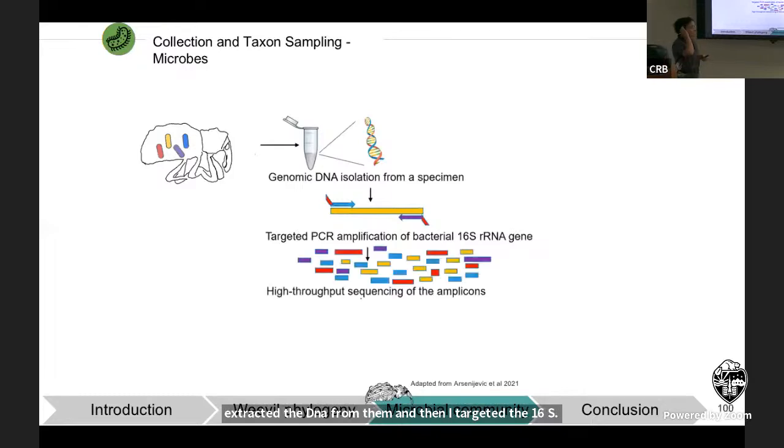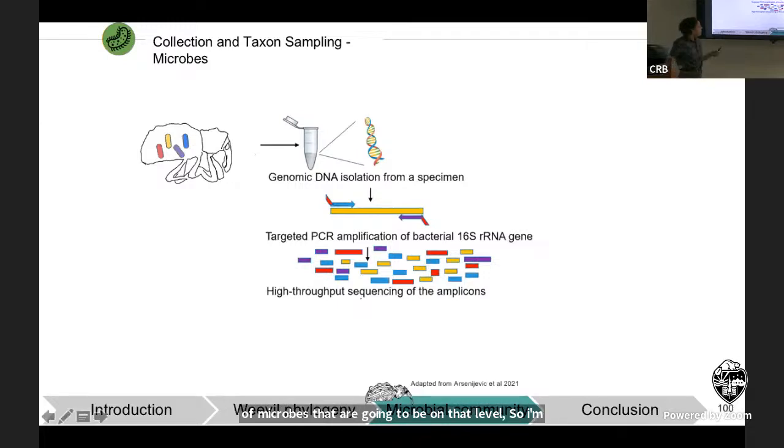And the thing about that is that for the 5 genes that I was using for the weevil phylogeny, I'm extracting them from one single weevil, and I know that that is the gene from that single weevil. With 16S amplicon data, that's not the case. There's lots of microbes that are going to be on that weevil. So I'm amplifying lots of snippets from lots of different organisms.